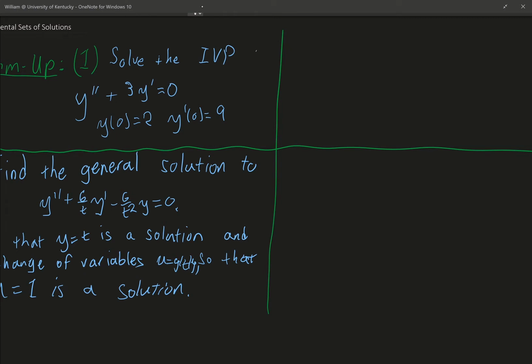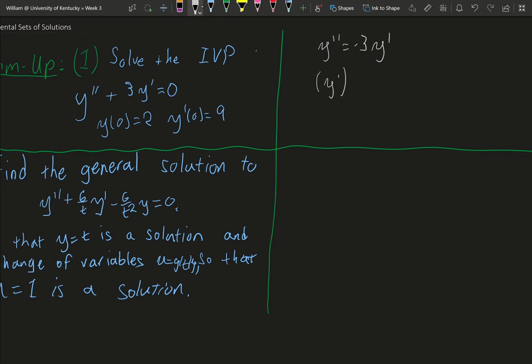For this first one, we'll rewrite it as y double prime equals negative 3y prime. If I do a change of variables, though I'm not actually going to introduce a new variable here, I'm just thinking of this as y prime equals negative 3y prime, which means we know that y prime is some constant c1 times e to the integral of negative 3 dt.